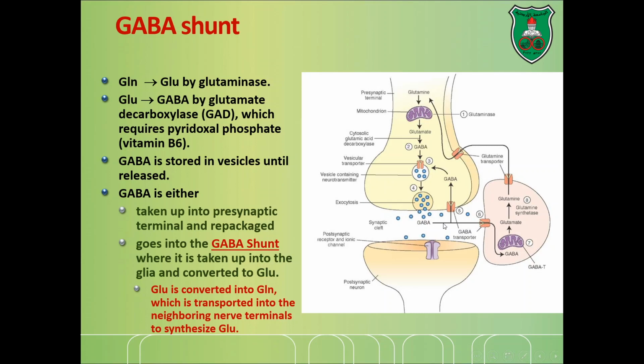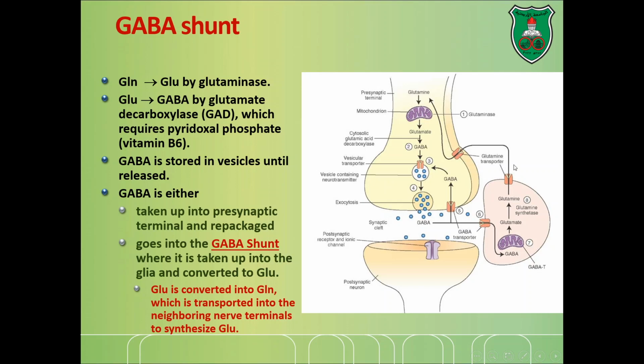Now GABA is either taken up by the presynaptic cell or it goes through the GABA shunt in glial cells. So in glial cells, what happens is that GABA goes in, it gets converted to glutamate. Glutamate is converted to glutamine.